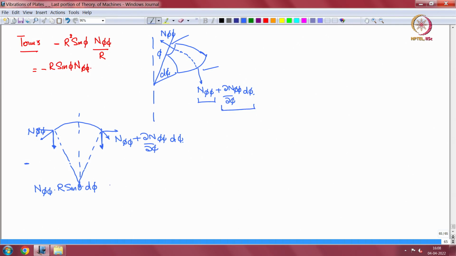Okay, so I get a doubling, plus further, what do I have? If this is my d phi by 2, this is d phi by 2, that is d phi by 2, then this component is the sine component, so into d phi by 2. So let me do this.